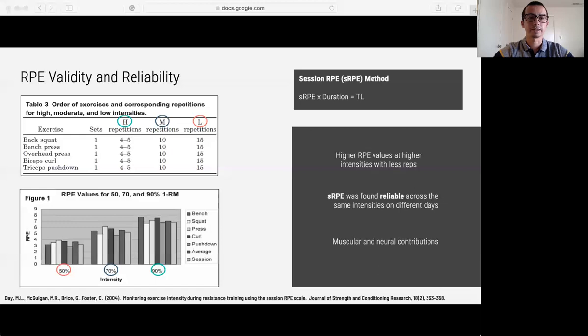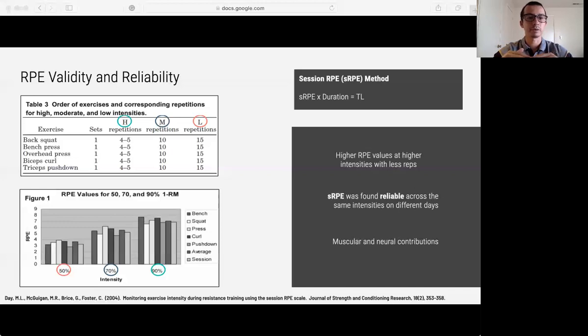If we're wanting athletes to hit 90% of their 1RM, we have an estimate here of the RPE of that lift for certain exercises. So again, we have the back squat, bench press, overhead press, curls, and tricep push downs. Another takeaway from the study is that the SRPE method was found reliable across the same intensities on different days.